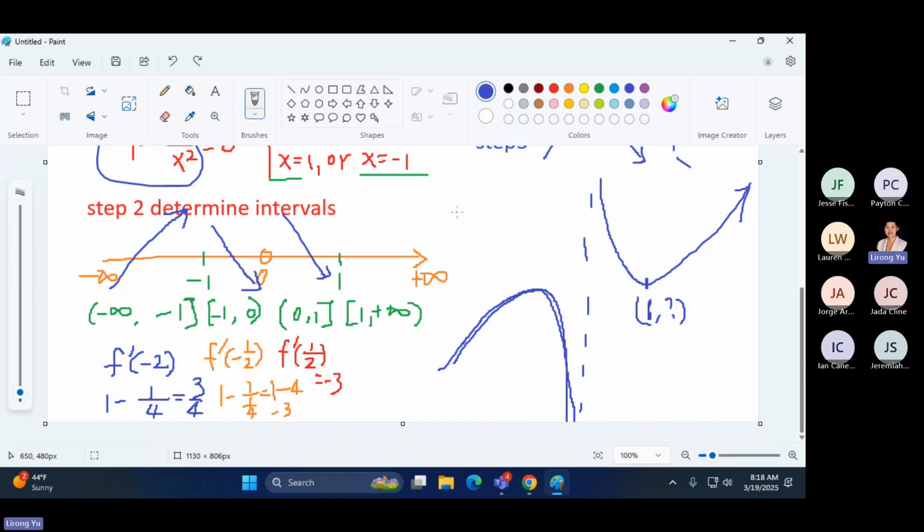For example, we should try 2. So you calculate f prime of 2. 2 is a number in this interval. So if we calculate it, it's going to be 1 minus 1 over 4, which of course will be 3 over 4. And that's positive. That's why this part is increasing. That's why I'm drawing that increasing part of the curve.